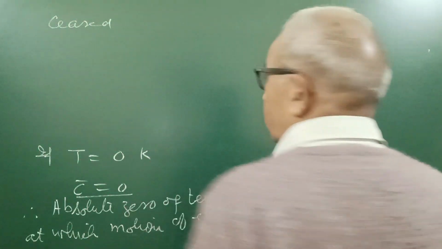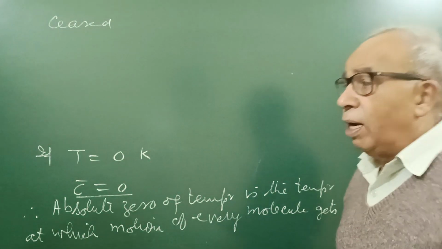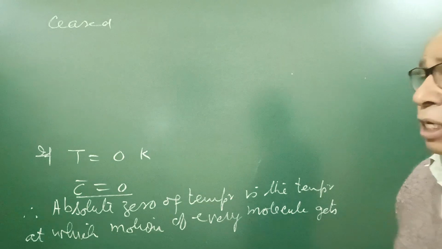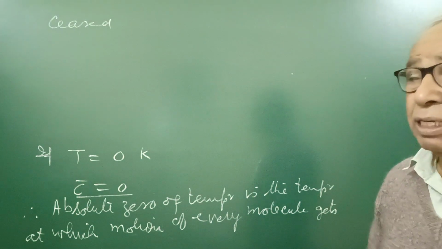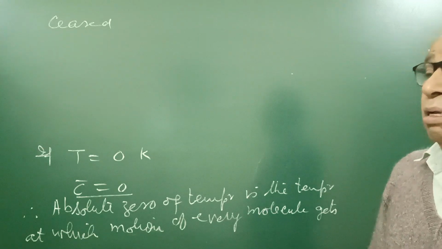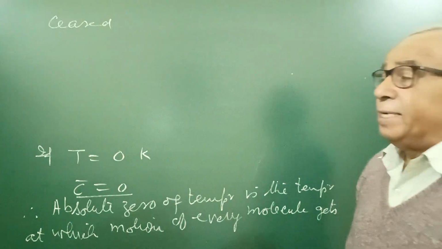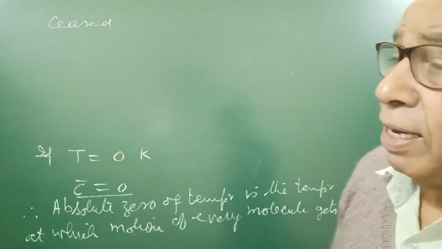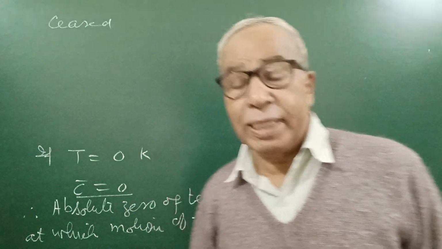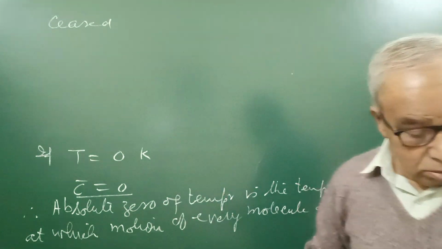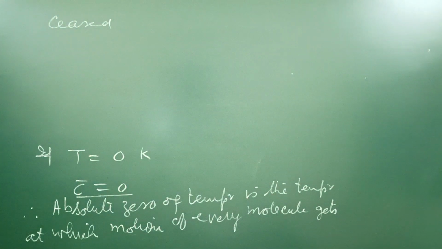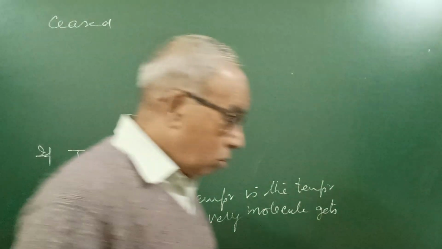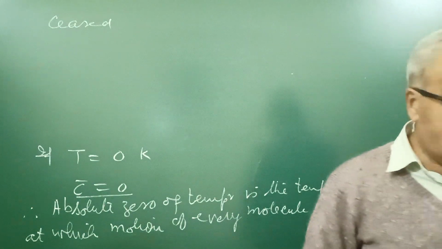Actually, I told you about the temperature scale. While constructing the scale of temperature, initially 0 degree centigrade or 32 degree Fahrenheit was supposed to be the lowest temperature in that scale, as in your clinic thermometer, which is based on the thermal expansion of mercury.